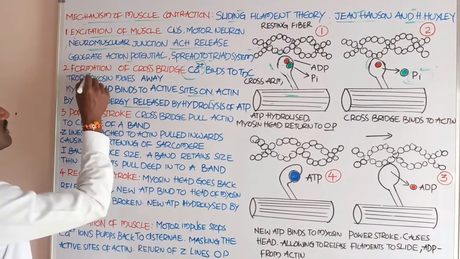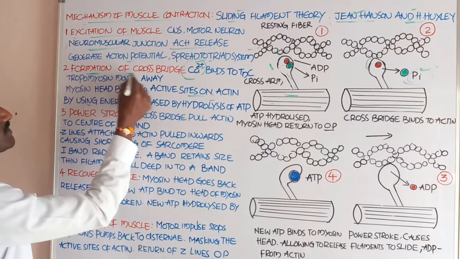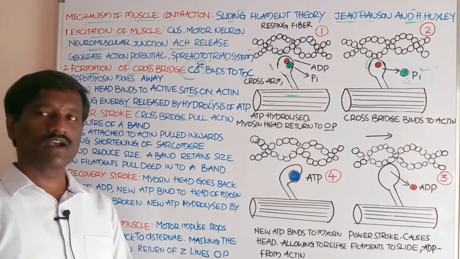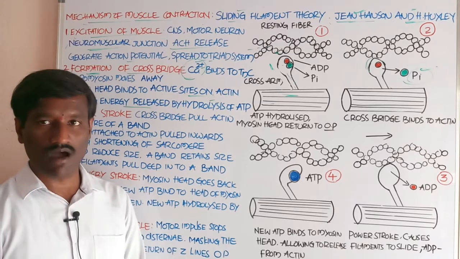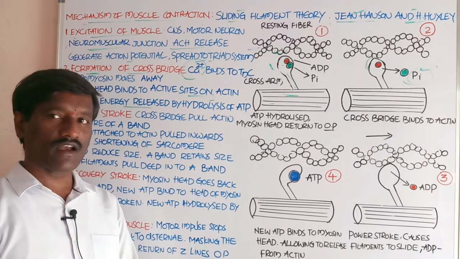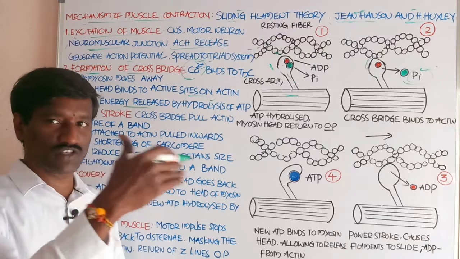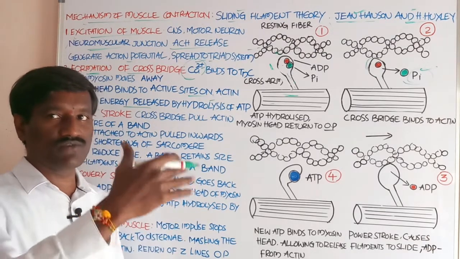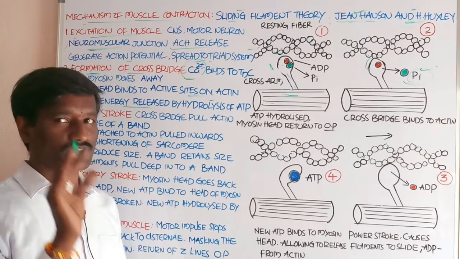Student, now we go to the second step, the formation of the cross bridge. Already you know about the cross arm. The cross arm means the head and neck part of the myosin molecule protruding from the surface of the thick filament.